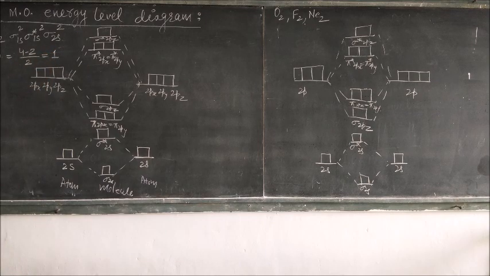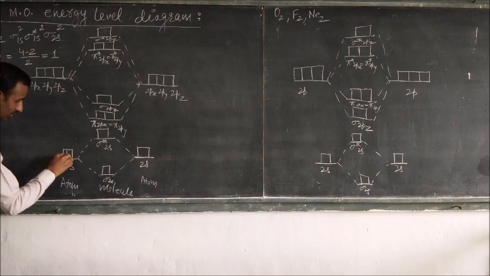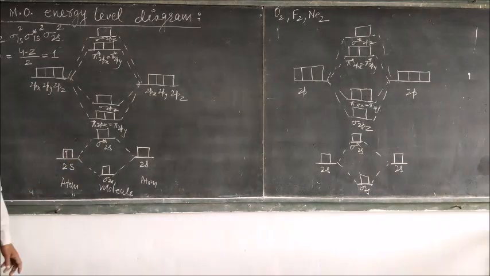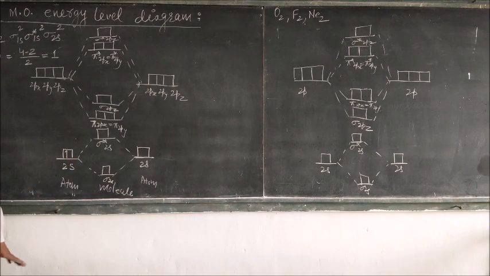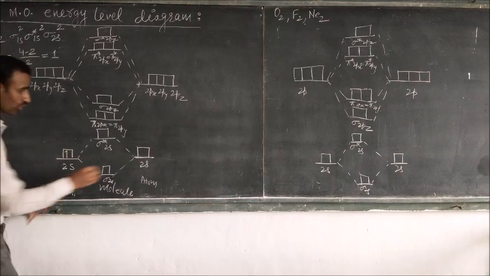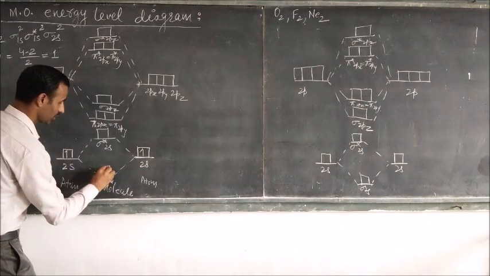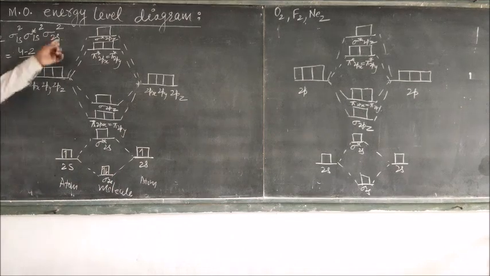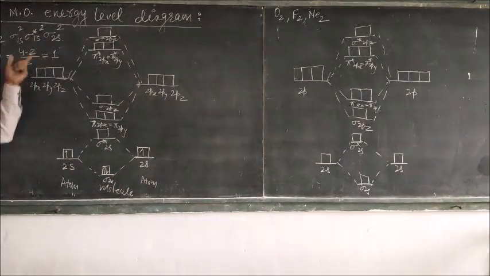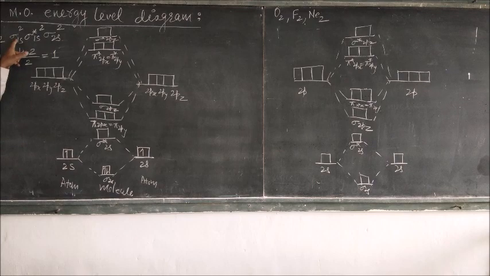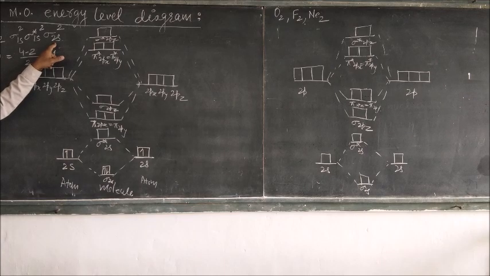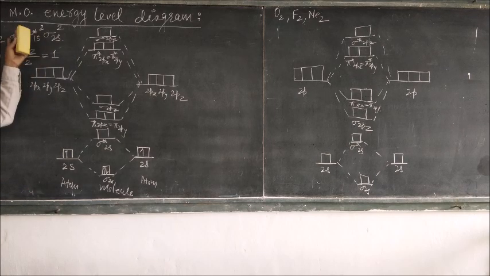So that means there is one sigma bond, because sigma 1s and sigma star 1s cancel out each other. So there is one sigma bond between 2s and 2s. Right? And it is diamagnetic.